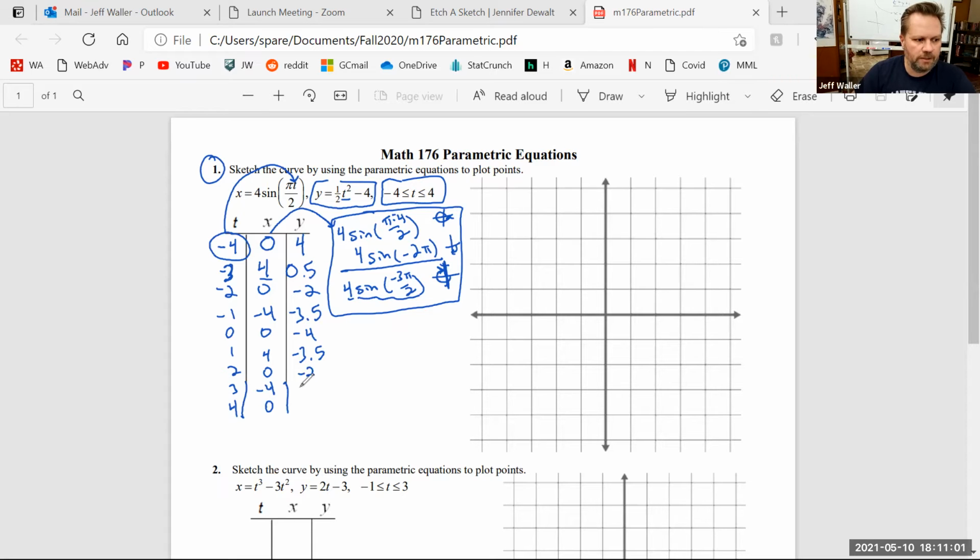And again, if you don't believe me, or you want to double check, if I plug a 3 in, of course I'm going to get the same thing as when I plugged a -3 in, because the first thing I do is square it. So that's all I'm doing, plugging values of t in to each thing one at a time. As much work as you have to show yourself to get it done, do that, right?